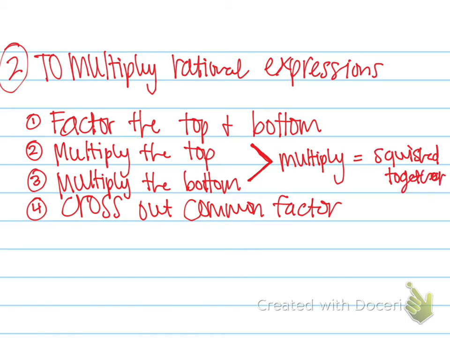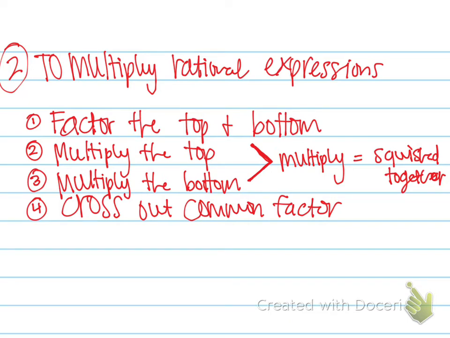And I know you're probably thinking, Miss Ellery, what in the world are you talking about? Like, this is crazy. So, I'm going to show you on the example, but just know when you multiply, you just want to squish them together. You just want to put them all on the top and you want to put them all on the bottom. Okay?